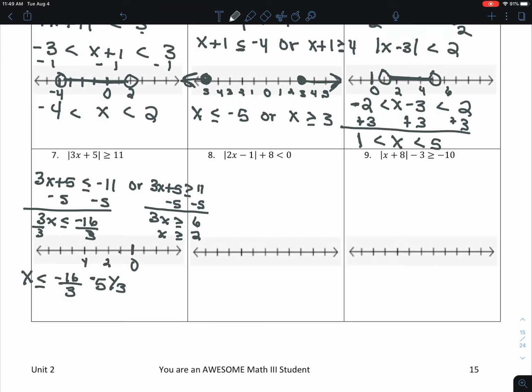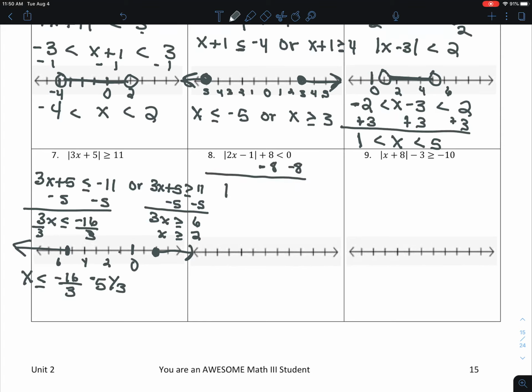So negative 5 1/3 is going to be somewhere in here, and here we can just estimate it. It's closed circle, closed circle. So somewhere in here we're going to put a closed circle. And then we go to 2, and we put a closed circle on 2. It's less than negative 5 1/3, so that means we're going to shade to the left. It's greater than, so we shade to the right.